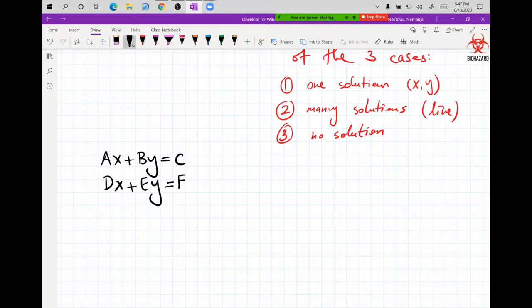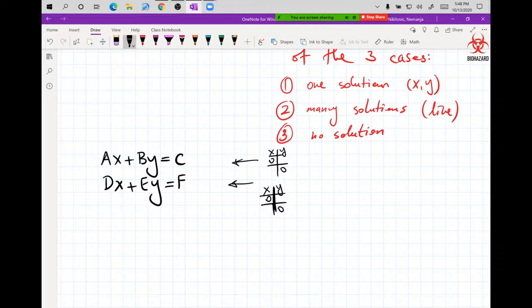Now, what happens in this case? When you have a system like this, each one of these gives a line in a graph. So because they are in what we call standard form, you can use the x-y intercept chart to figure out the x and y intercepts, and those two lines will then graph on the xy coordinate plane.